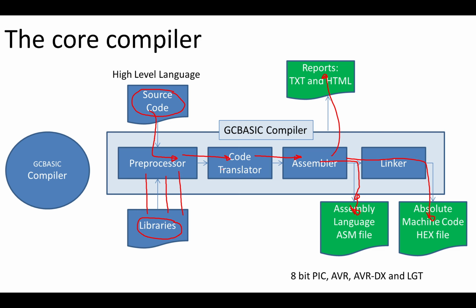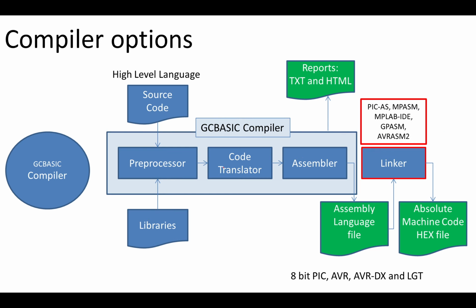But you might have a desire to use an alternative linker, and you can do that. So you can take your source code again, it goes to its preprocessor, pulls in the libraries, code translation, assembler, and it will still produce the assembly language file. It could be for a specific PIC that needs PIC-AS or a particular linker.